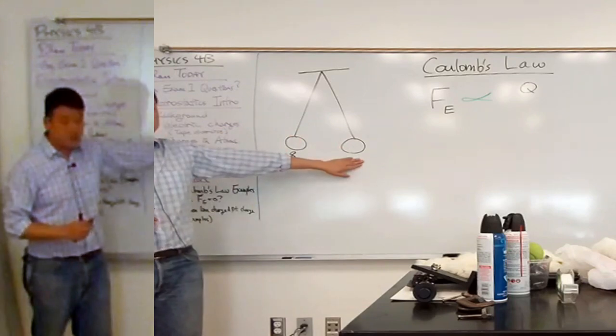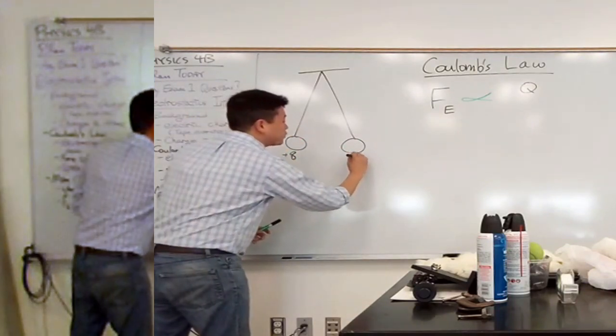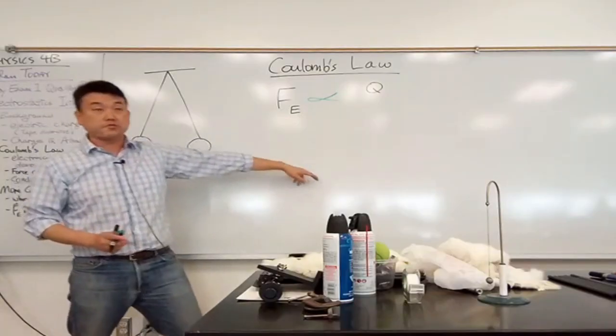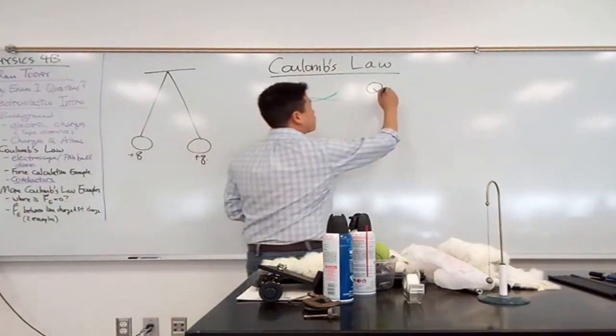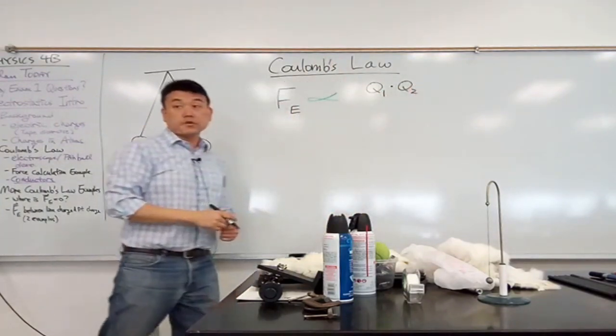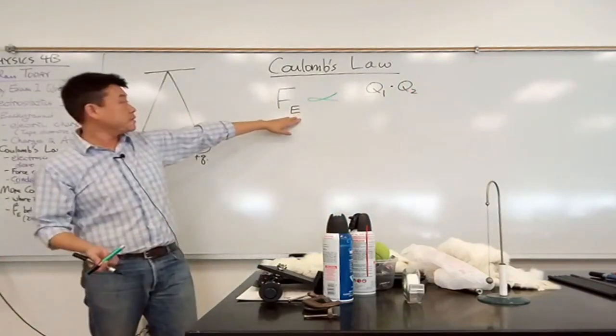So if this is 0 charge at all, then no electrical interaction. So they both need to have some amount of charge. So electric force is proportional, not to one charge, not to the other charge alone, but to the product of the two charges. So more charge collectively means more force.